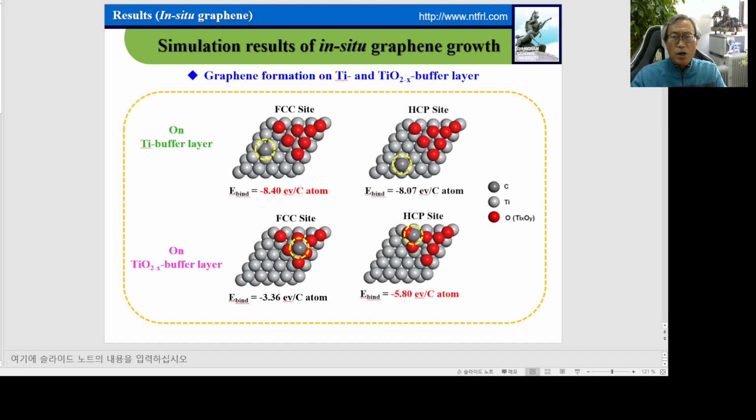The first one is pure titanium buffer layer, whose binding energy is very low compared with the titanium oxide. From that simulation result, titanium should be pure without oxidation. That is very important to grow the graphene onto the titanium buffer layer.